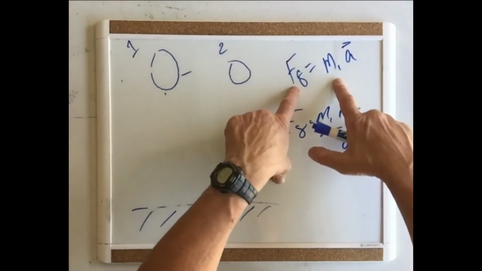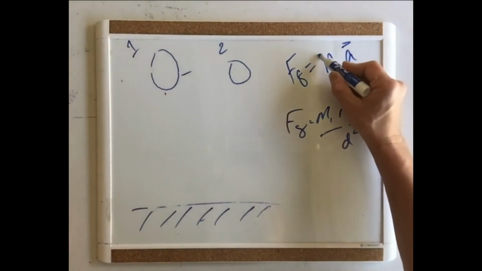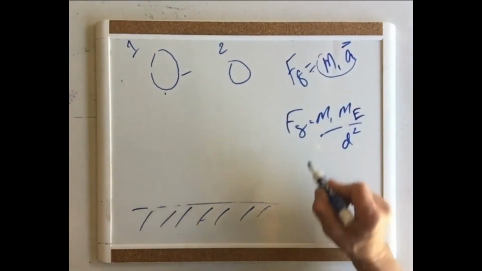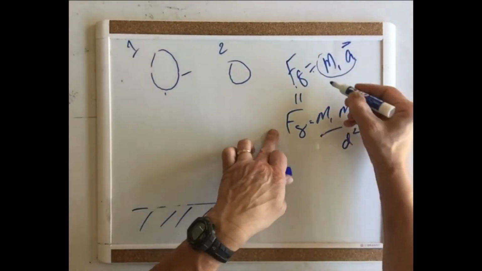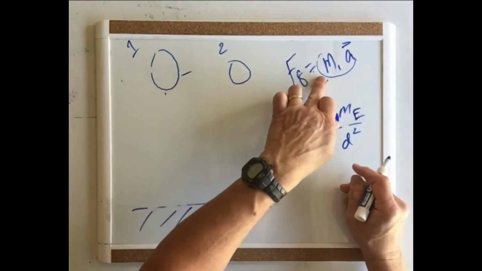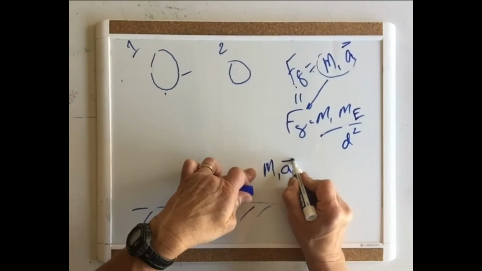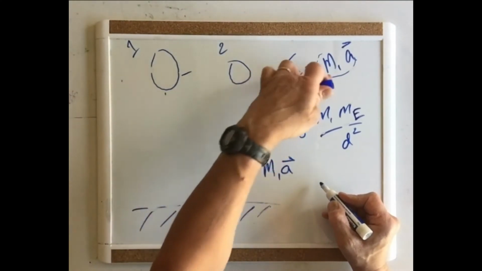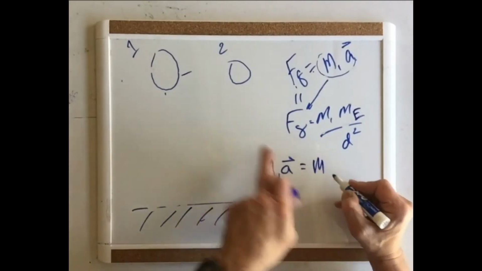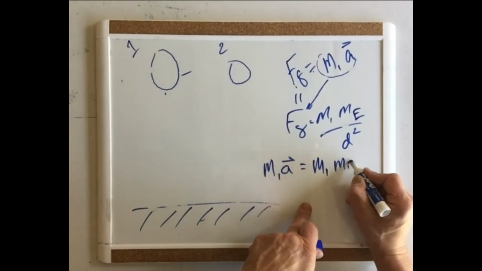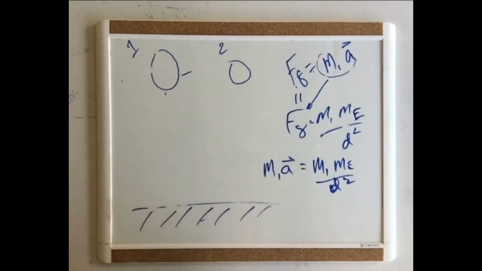So we have this and we have this. But check this out. If this is equivalent to that, and these two are obviously equal, then let's just move this down to here. M1A, which is the force due to gravity, we agree, equals, now remember we're talking about mass 1, mass Earth divided by D. Now that's ugly, sorry about that.